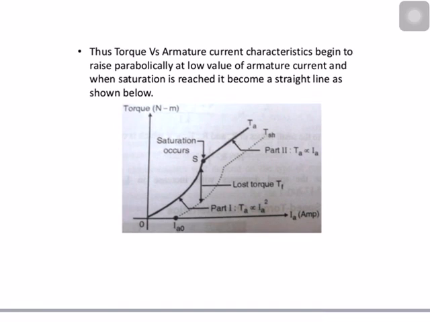The shaft torque is less than the armature torque due to stray losses, so the curve of T versus Ia lies slightly lower. In DC series motors, torque increases as the square of the armature current. These motors are used where high starting torque is required.